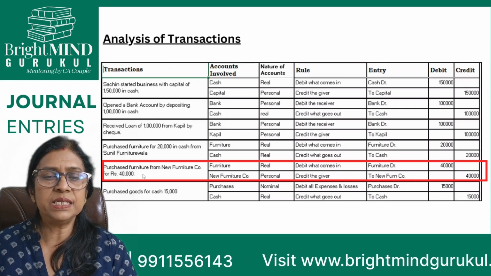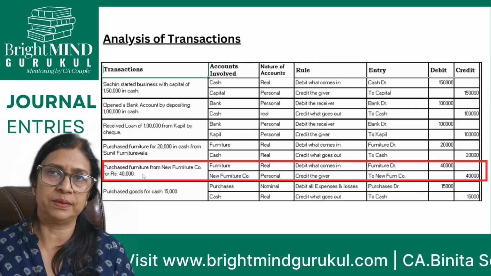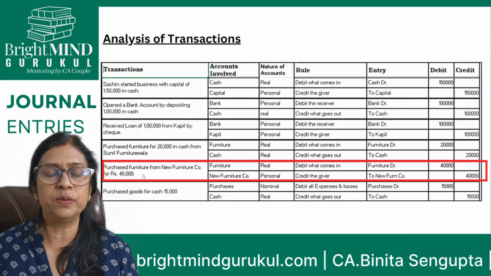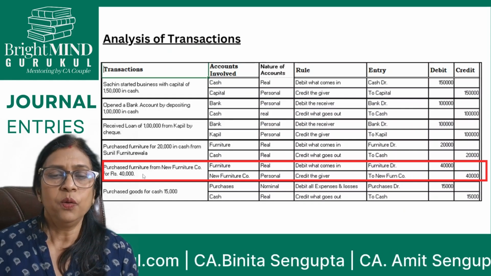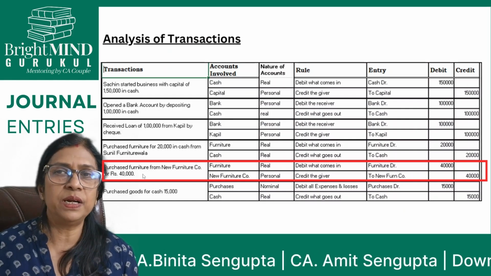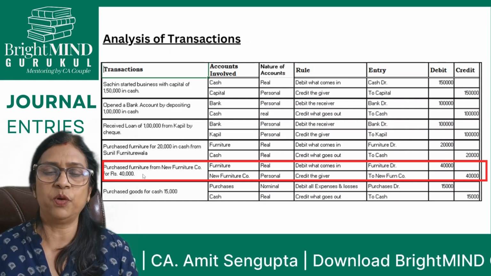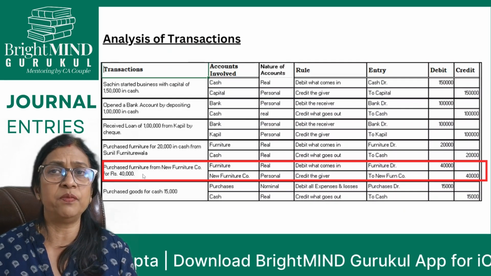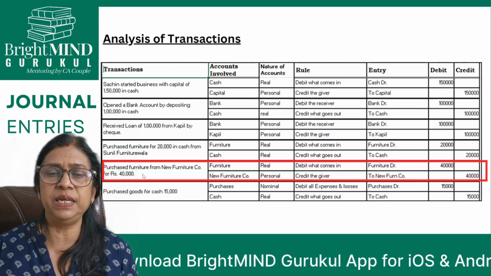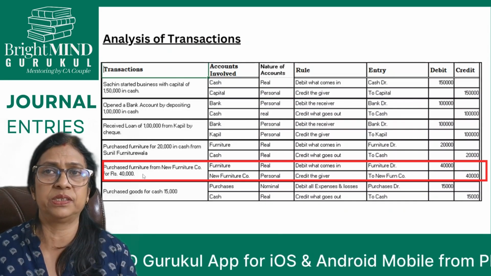The next entry is purchase furniture from New Furniture Company for 40,000. Now here also you must understand, you have to take notice. Here the two accounts involved are furniture and New Furniture Company. Why are we taking New Furniture Company here and not taking cash or bank? Because it is not mentioned.